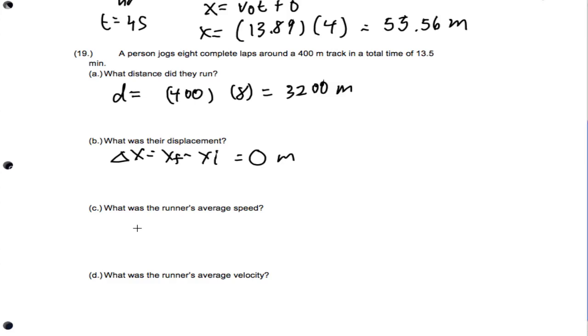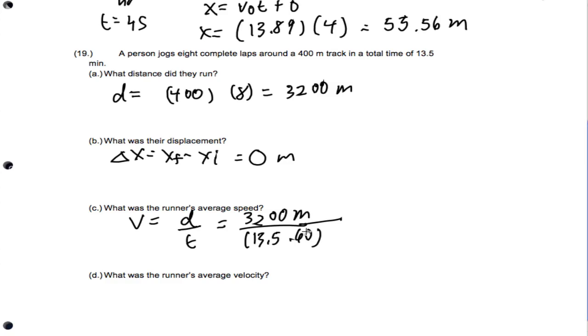Now the runner's average speed, we can do meters per minute if you want. I'm fine with that. So the speed is going to be the distance over the time, which will be 3,200 meters. And you know what? Now let's just do this. So 13.5 minutes, that'll be 13.5 times 60. So we're going to do meters per second.